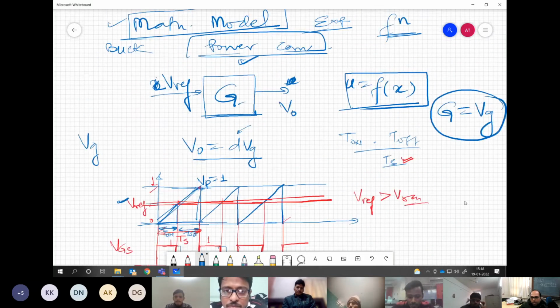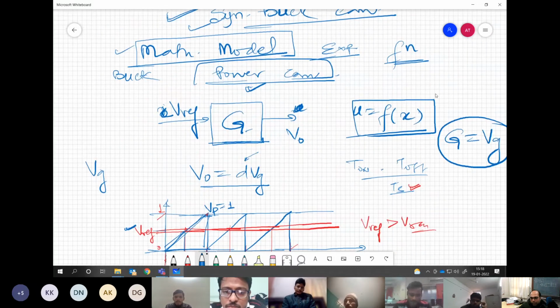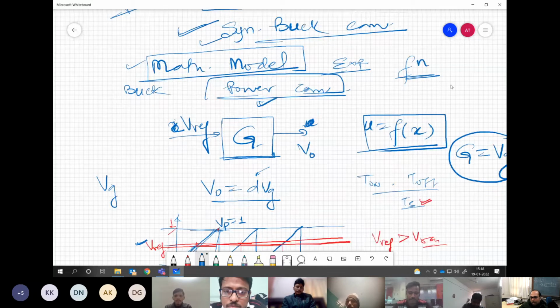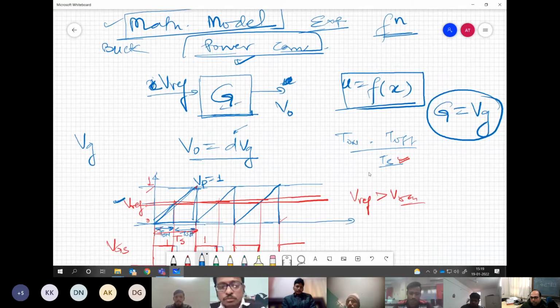So this is how we are basically modeling our power converter. In general, any power converter that we deal with can be modeled as a simple gain, which is nothing but VDC or VDC by 2 or something like that.